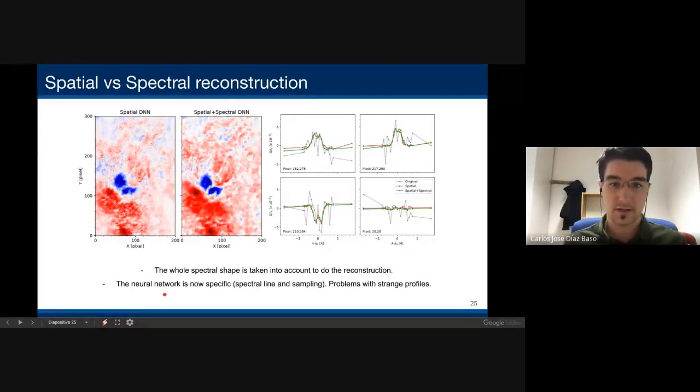In the sun, things that have high velocities usually evolve fast. So it's difficult to find profiles with large velocities that are almost constant with time. So this was also one of the problems in creating this data set to be able to train the neural network.